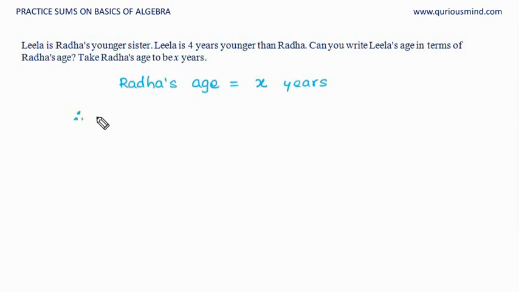And therefore Leela's age: Leela is 4 years younger. Younger means her age is going to be less. Less means minus. 4 years younger than Radha. And what is Radha's age? X. So Leela's age will be X minus 4 years.